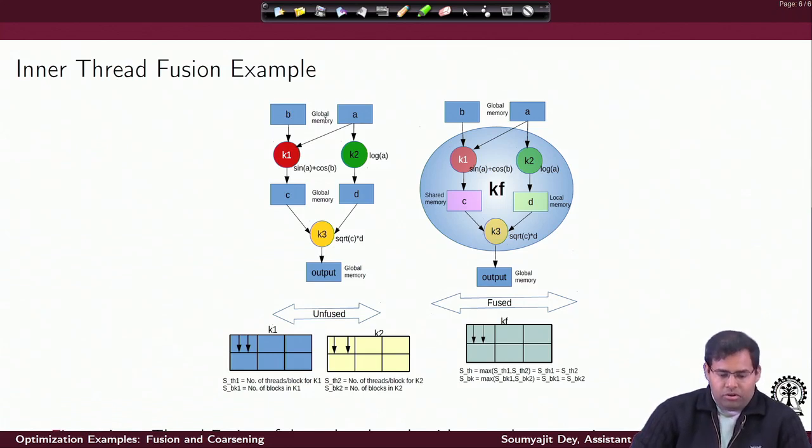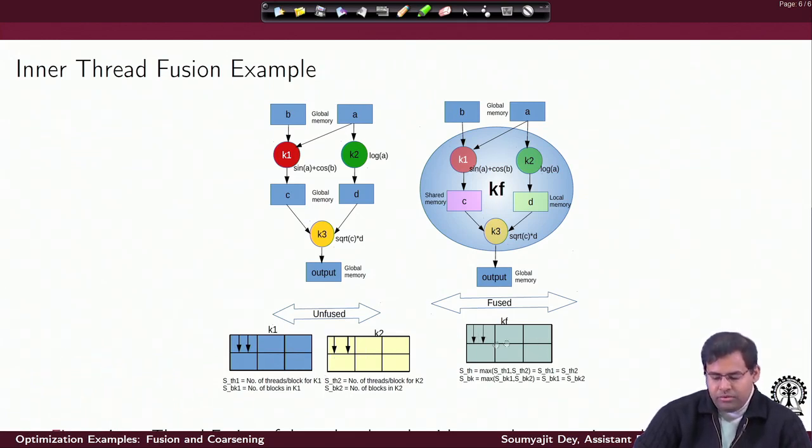So, consider this situation. I am doing an inner thread fusion. This is the original unfused version, and this is the fused version. Here we are showing that STH1, the number of threads per block, is 2, and SBK1, the number of blocks, is 6, and we are just considering a very ideal situation where everything is the same for K1 and K2.